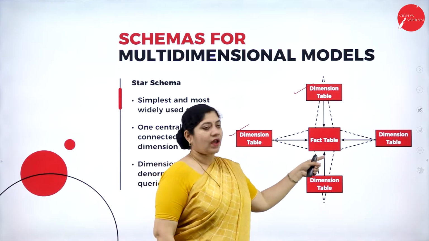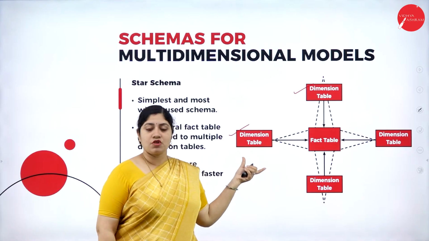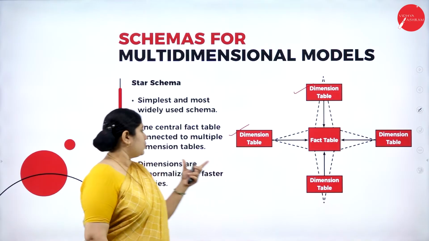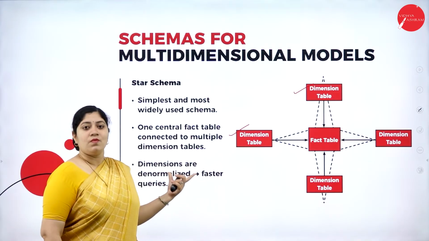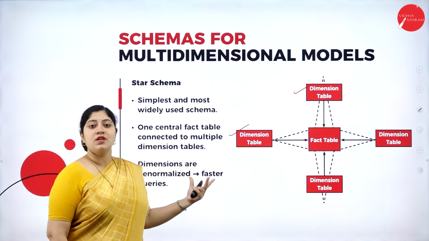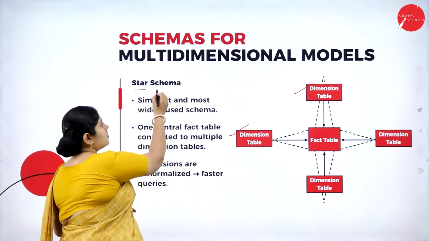Instead of going to the fact table again and again, you can directly denormalize this dimension table and extract the required information. So that's the thing, and we can see here the representation is completely in a star format. So this is a star schema.